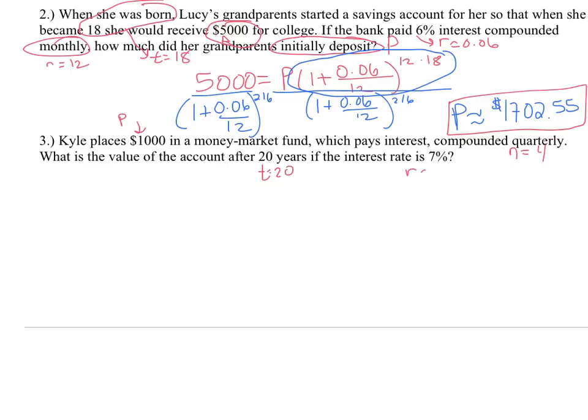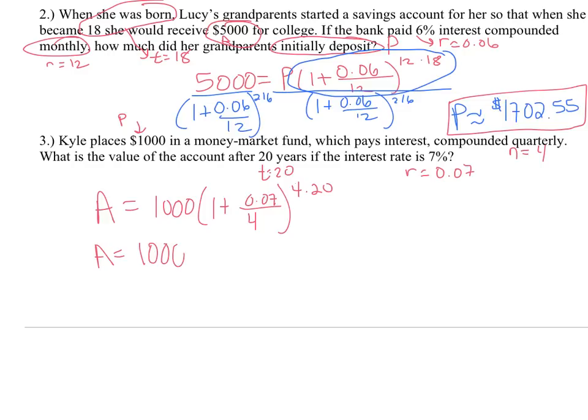And the interest rate as a decimal will be 0.07. So his total amount will equal 1,000 times 1 plus that interest rate as a decimal, divided by the number of times it compounds in a year to the nt power. So it's compounding 4 times a year, so it's quarterly for 20 years, which means your exponent will be 80.